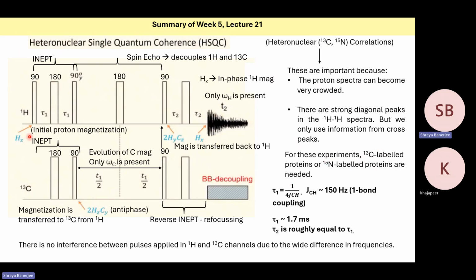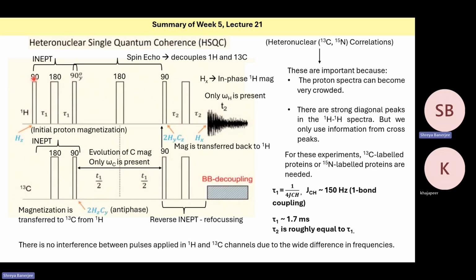Now, the pulse sequence of the HSQC has two channels, the 1H and the 13C channel. The initial pulse sequence is the same as the INEPT that we studied earlier. So you have an initial proton magnetization in the Z direction, shown by HZ.